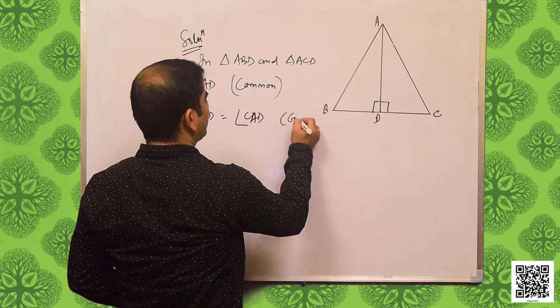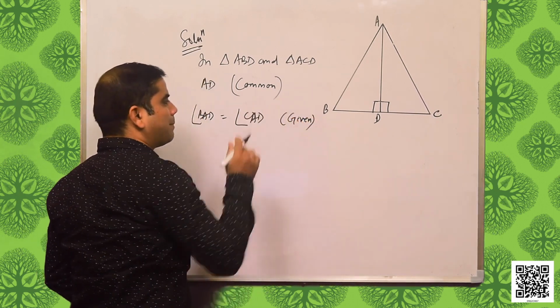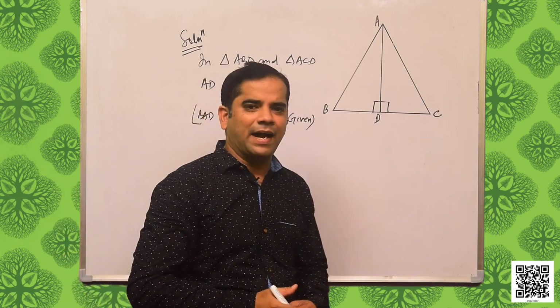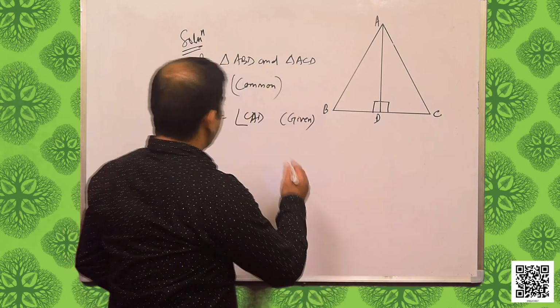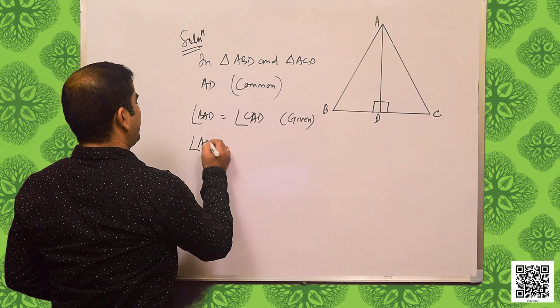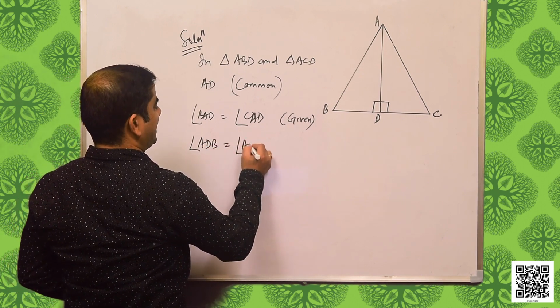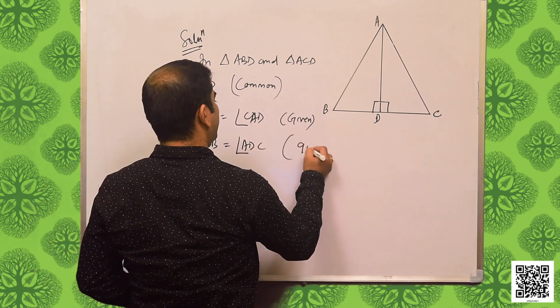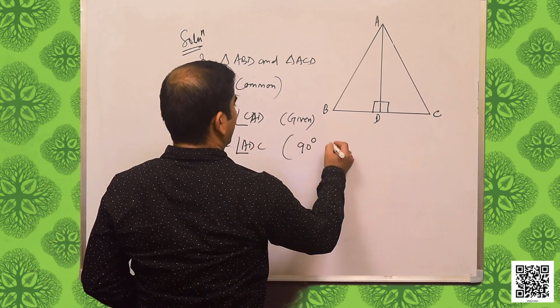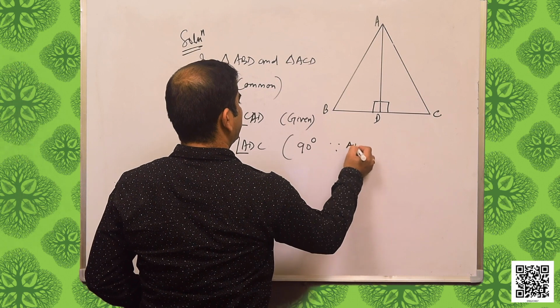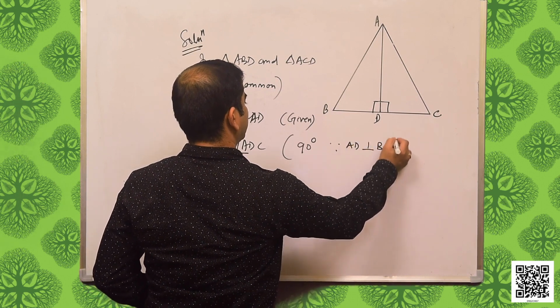It is also given. Why? Because AD is the bisector of angle A. What else? Angle ADB is equal to angle ADC, that is 90 degrees, as AD is perpendicular to BC.